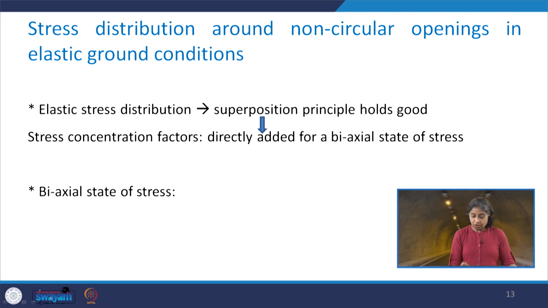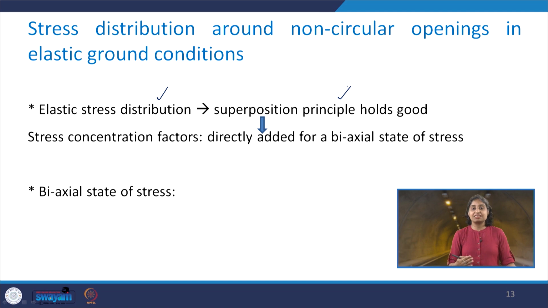In such a situation, the superposition principle holds good. So, in case you have a biaxial state of stress, then stress concentration factors can be obtained directly by adding two uniaxial state of stress situations.